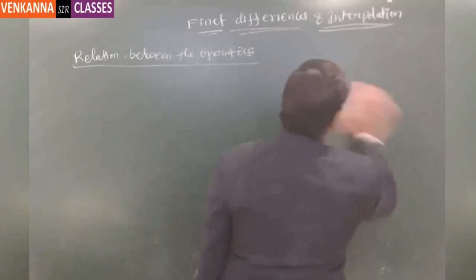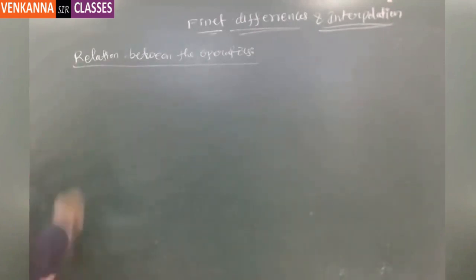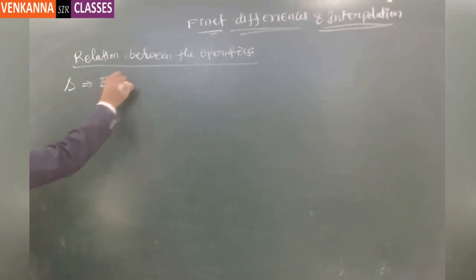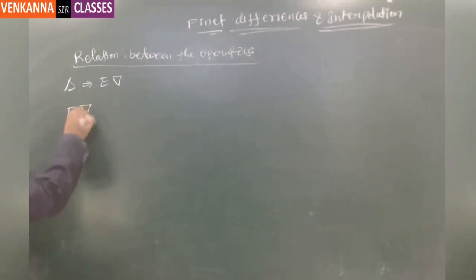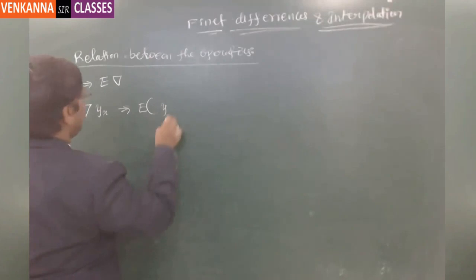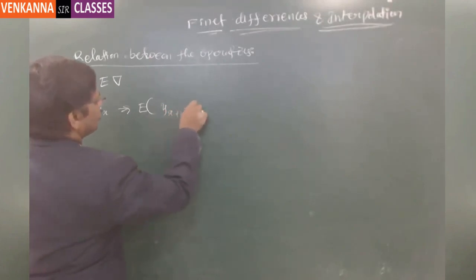That is another relation. So to prove this relation, take E del operated on y(x). So del of y(x) is going to be E times del of y(x). This can be operated as y(x plus h) minus y(x).